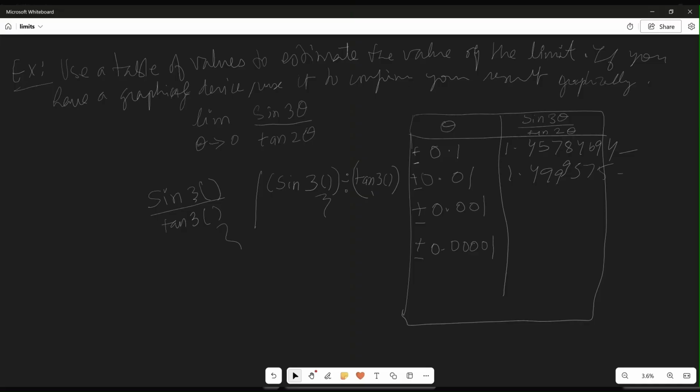And at 0.001, as we're getting really close to 0, and if we're getting really close to 0 at 0.0001, you'll notice the limit for this function is 1.5.